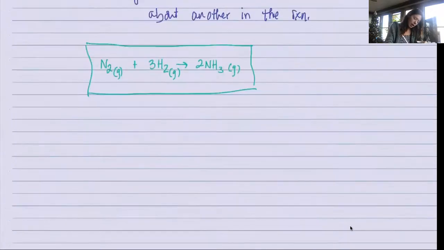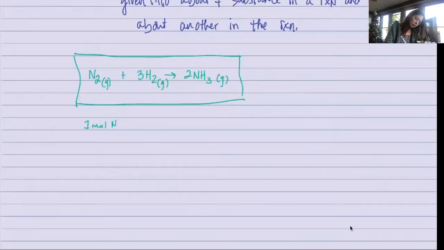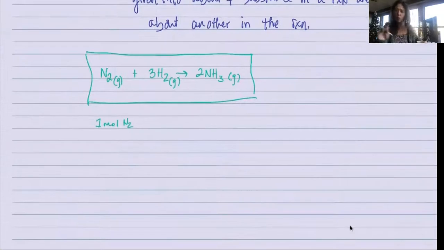It tells me that 1 mole of nitrogen, so you're in the kitchen, 1 mole of nitrogen relates to, for every 1 mole of nitrogen, I would need how many moles of hydrogen? Well, remember, mole is an amount.